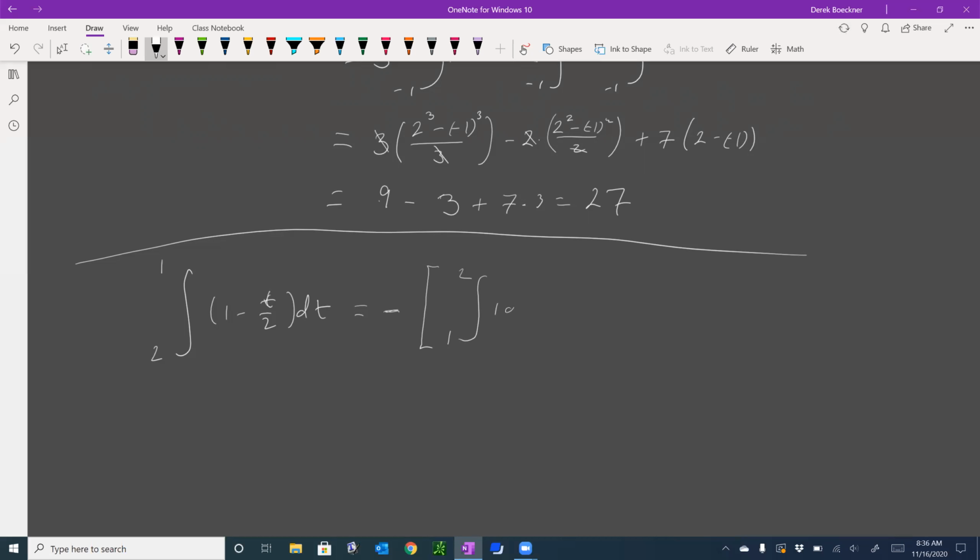And then I've got 1 dt, minus the integral 1 to 2 of t, and that's going to be times 1/2 dt. So split it up as much as we can right away. Pull constants outside, split up the addition, just leave my function inside, t.